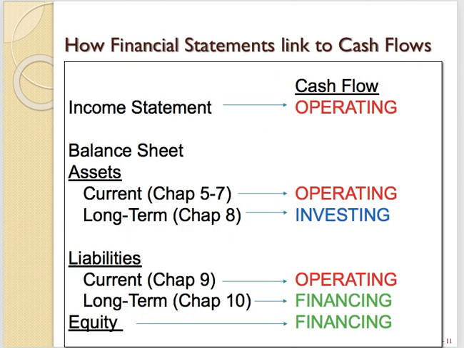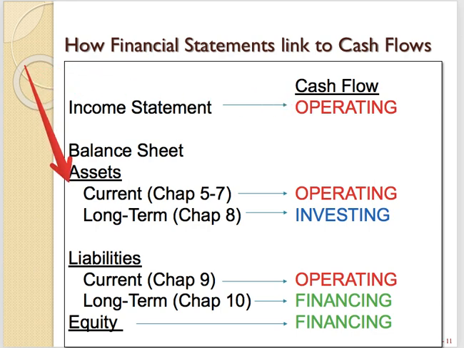Now, real quickly, I want to talk about how the financial statements link to cash flows. When you look at these financial statements, you can look at them to get clues for the different types of cash flow activities. So the income statement is primarily going to be operating cash flows because it's revenues and expenses.